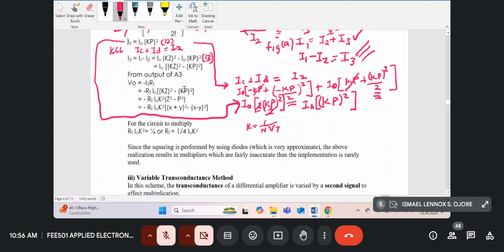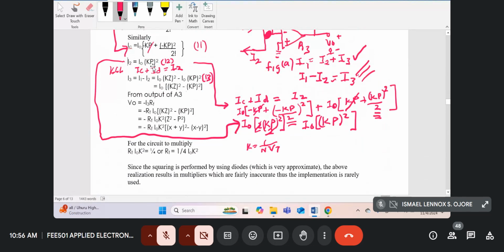And now we've gotten I2 from 12 over here. And therefore I3 is I1 minus I2. So it's I0 KZ squared minus I0 KP squared. So we can get the common terms outside. I0 is common. So we can write it as I0 into KZ squared minus KP squared.